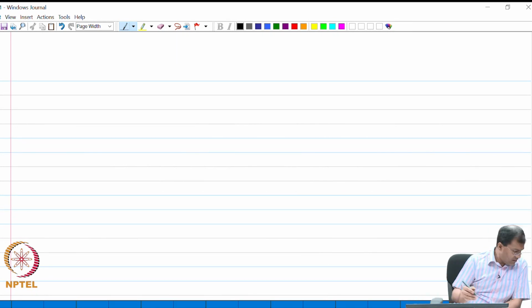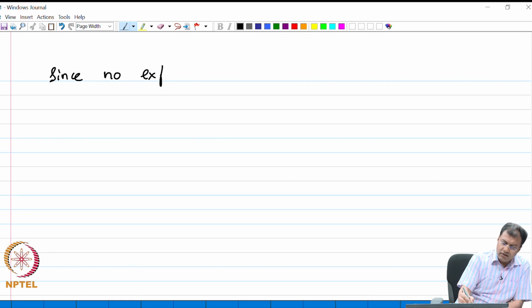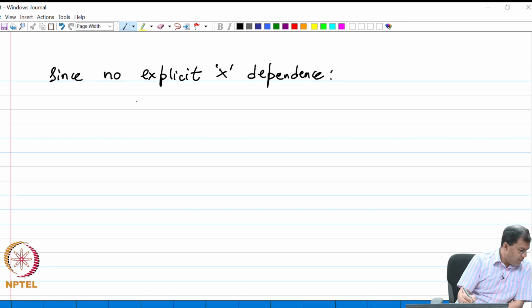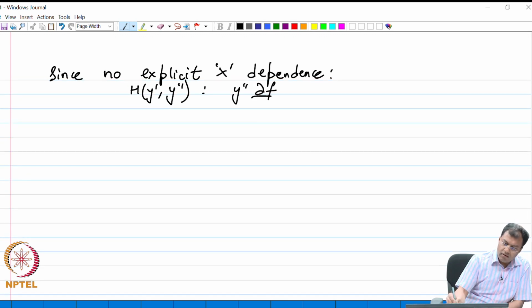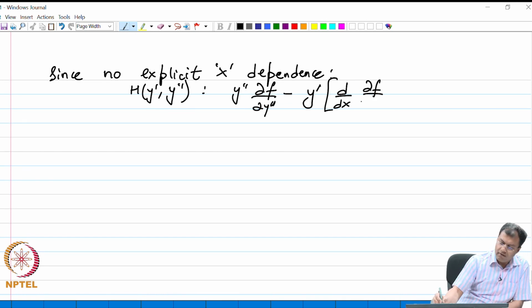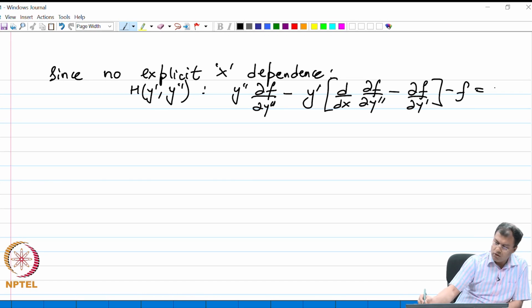Since there is no explicit x dependence, we can use the Beltrami identity, h of y prime, y double prime, given by y double prime del f del y double prime minus y double prime d dx of del f del y prime, y double prime, minus del f del y prime, minus f is equal to the constant C2.